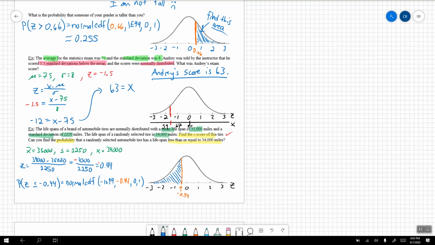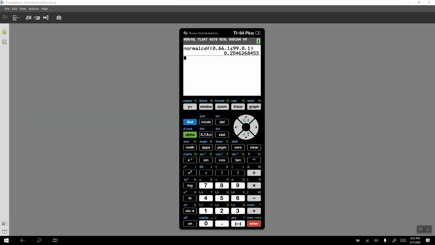Let's go to the TI and put this in. Here we are. So let's go to NormalCDF. There we are. Lower was at -1E99. Upper was -0.44. There we are. Mean and standard deviation were the same. Paste that. There we go. There's our probability.